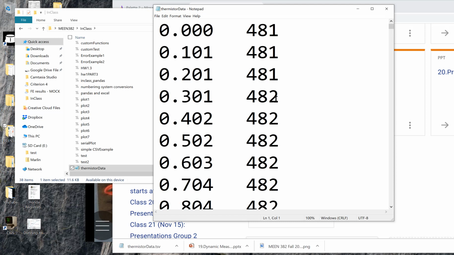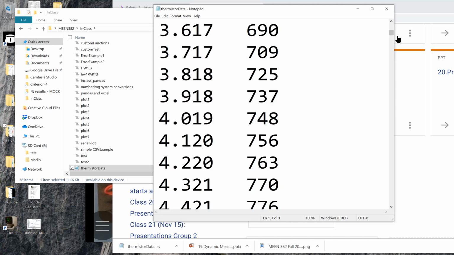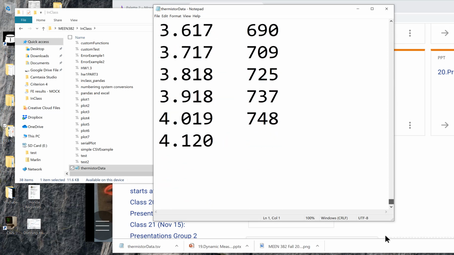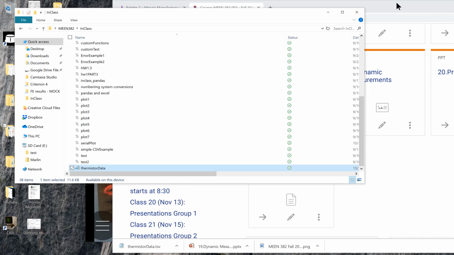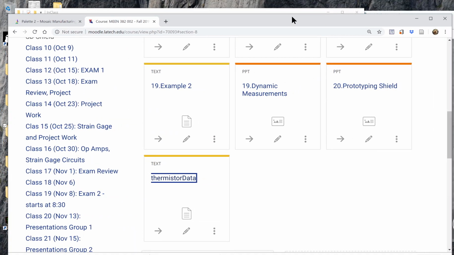So basically what happened is we set up our thermistor just the way we have this one, and we put it in something like warm water and recorded the data over time from 0 to, let's see how long we recorded it. 100 seconds. So we have 100 seconds worth of this temperature data. And it's just built into this file so that you don't have to go build your own file to do what we're going to do in class. So that's just that thermistor data.